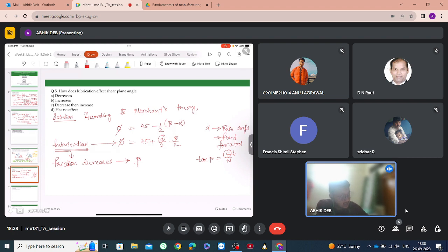If F is decreasing, then beta should also decrease. This is beta, this is F, and this is N. The smaller the value of F, the lesser will be the value of beta.